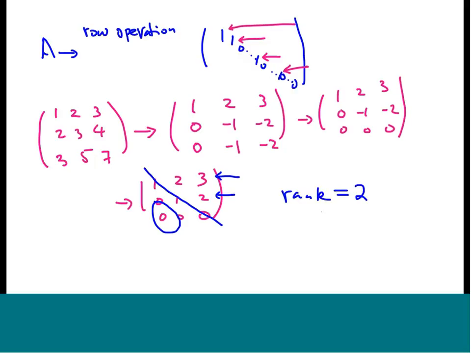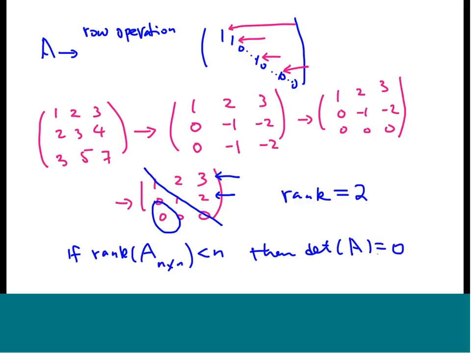So if the rank of an n by n matrix A is less than n, then the determinant of A is 0. In other words, if the determinant of A is not 0, then the rank of A equals n. That's obvious.